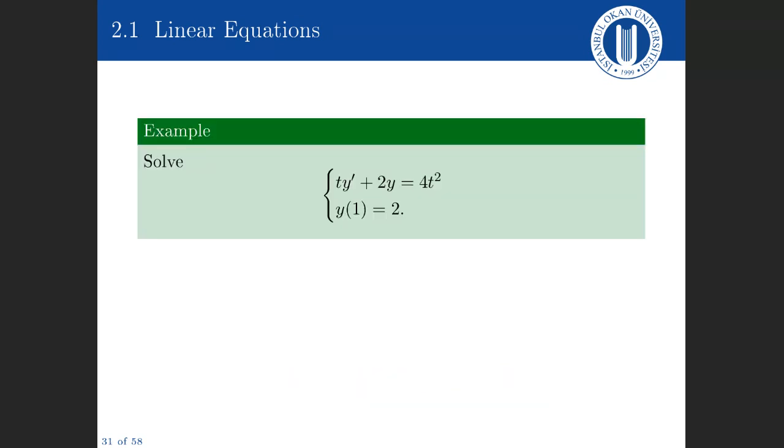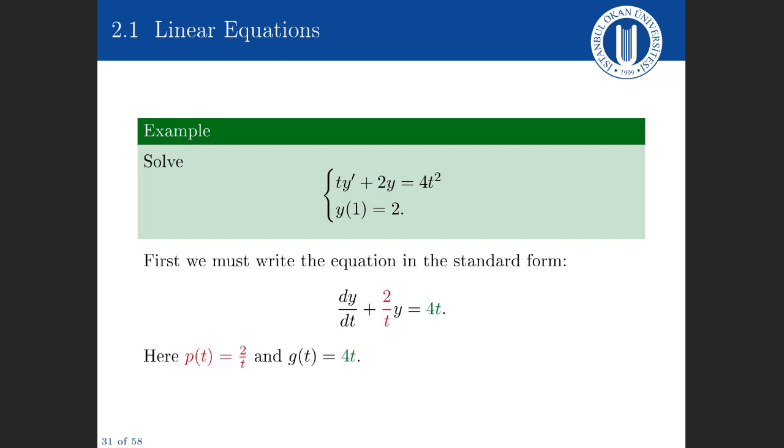Let's do some examples. Solve ty' + 2y = 4t² with the initial condition y(1) = 2. The first thing to do is to write our general equation in the standard form.